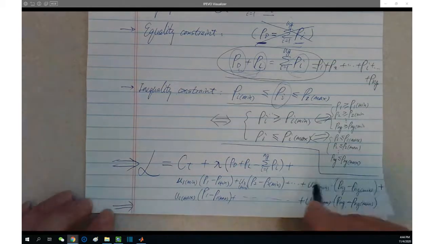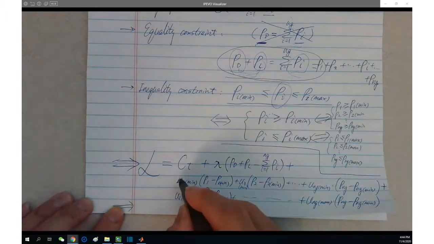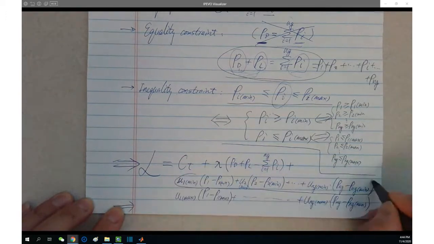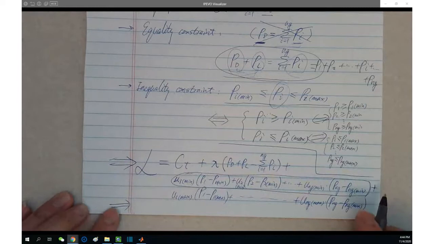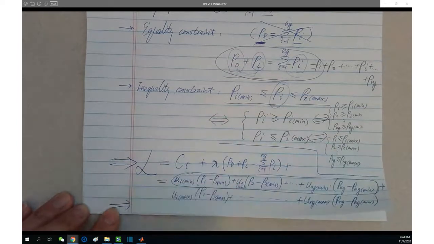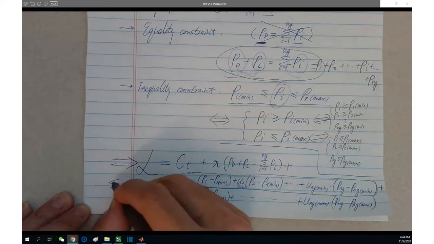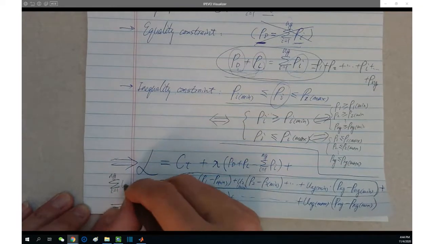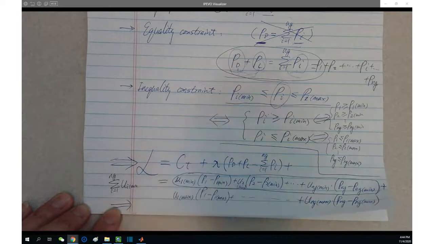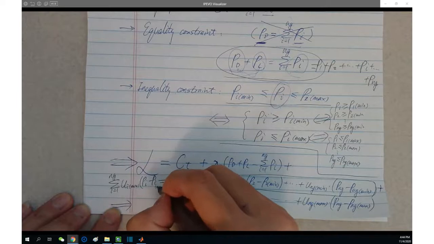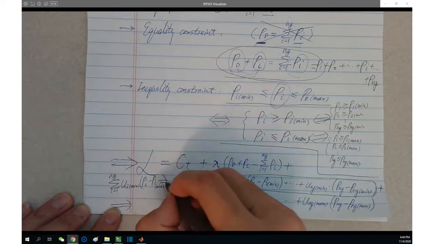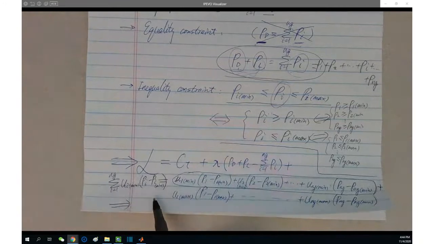You can do this, for example, with these U1 through UNG minimum terms. Since they are summations, this part is equivalent to the summation of UI minimum times PI minus PI minimum. Does that make sense? You can simplify like this, but it is not actually simplified, just a rewrite.